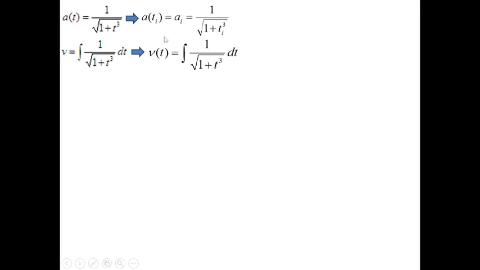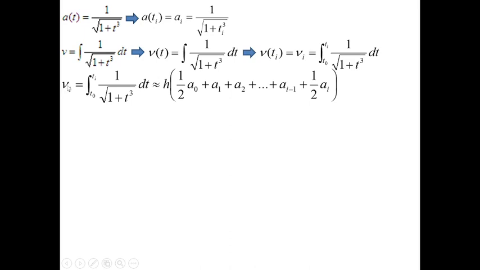We can replace v by v of t, v as a function of t. So this t can be replaced by t sub i. Therefore, the limits will be t sub 0 to t sub i.